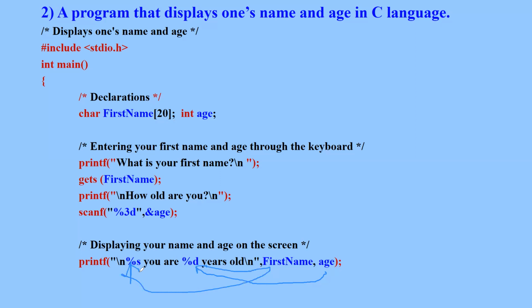If you enter the first name as Emily Swap and age as 25, then it will read: Emily Swap, you are 25 years old. So that's what will happen.